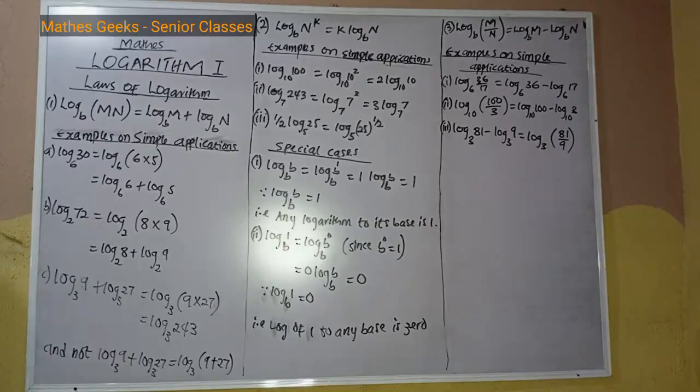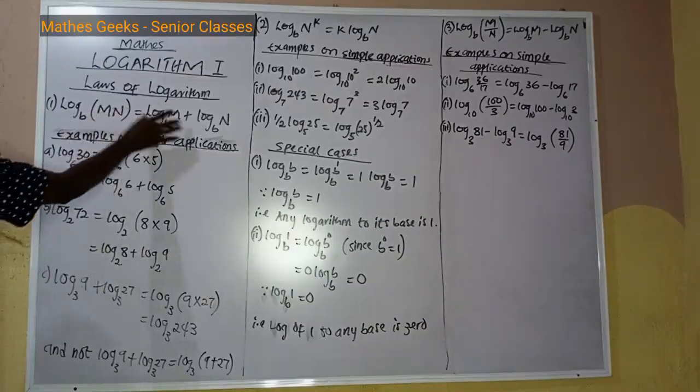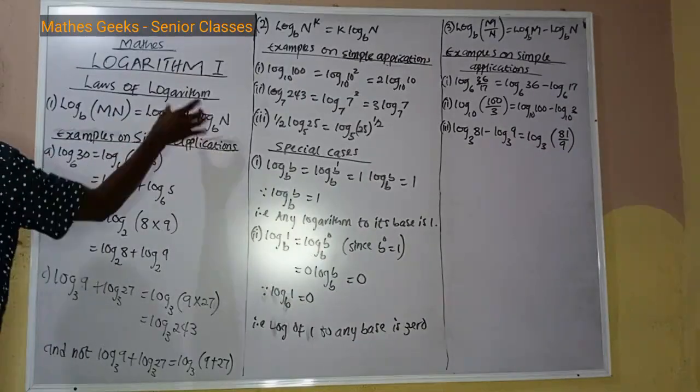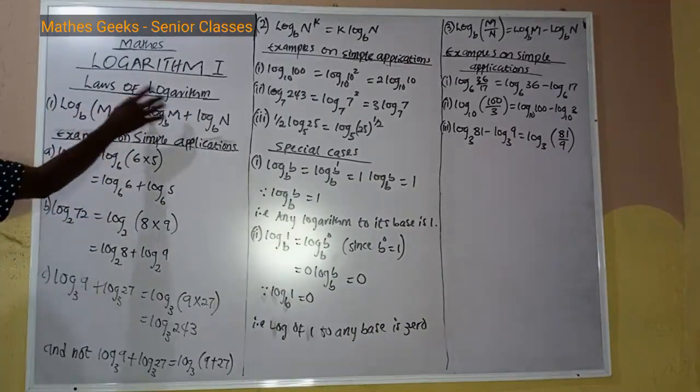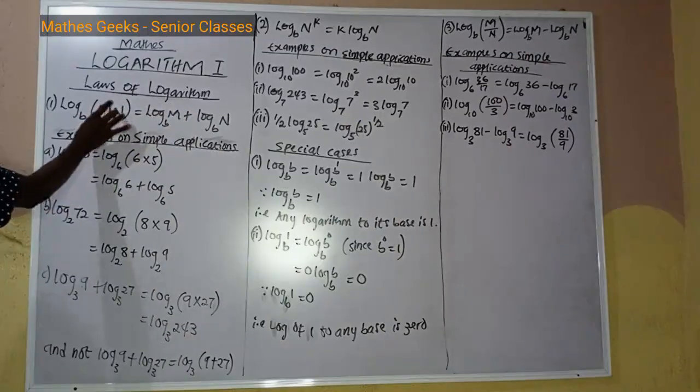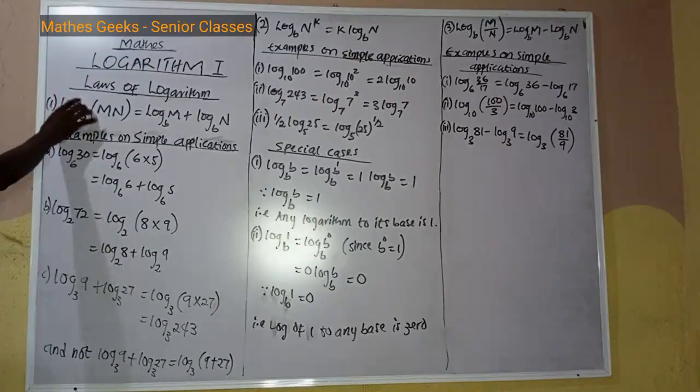Number 1, the first law is that of multiplication. Logarithm of mn to the base b is equal to log m to the base b plus log n to the base b. So whenever there's multiplication of the two numbers on this side, there's addition on the other side.